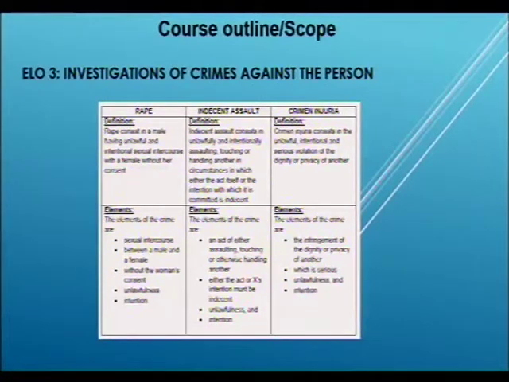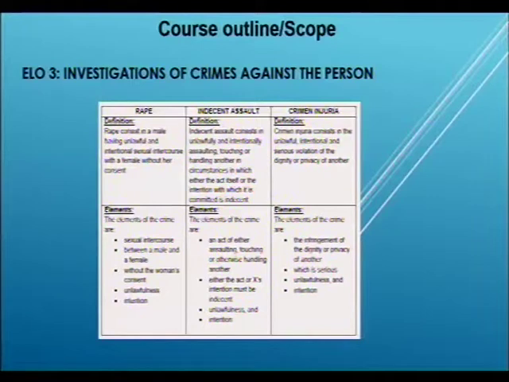Examination of crimes against the person. We have rape, indecent assault, and crimen injuria. Definition of rape. Rape consists in a male having unlawful and intentional sexual intercourse with a female without her consent.